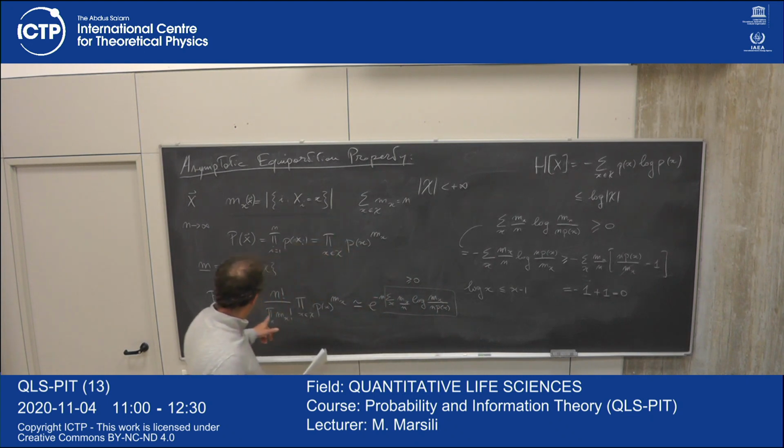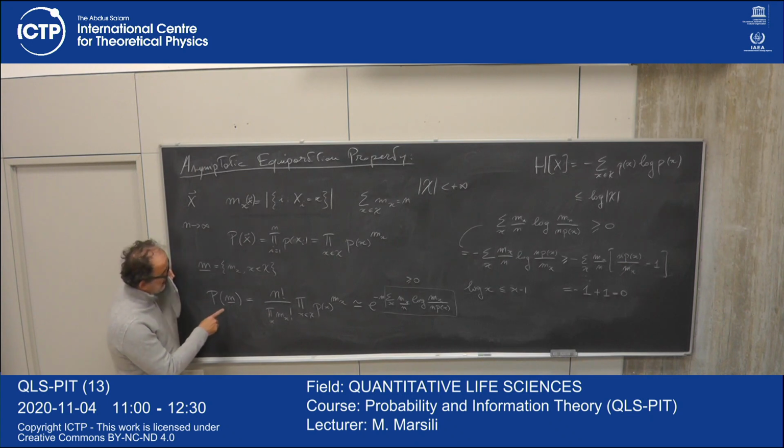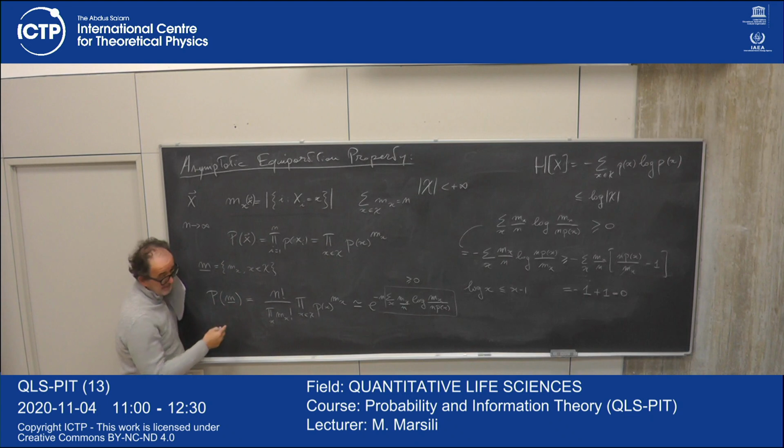So the probability that I get an histogram, a count, so the number of points in my sample which are equal to x, is essentially the histogram if you want when you count the number of points.